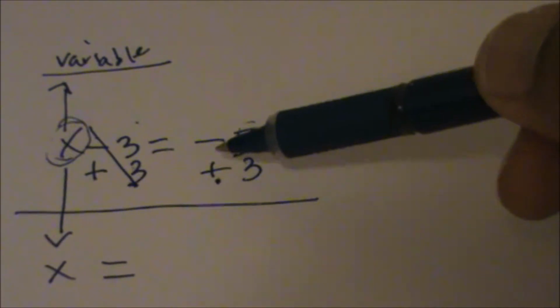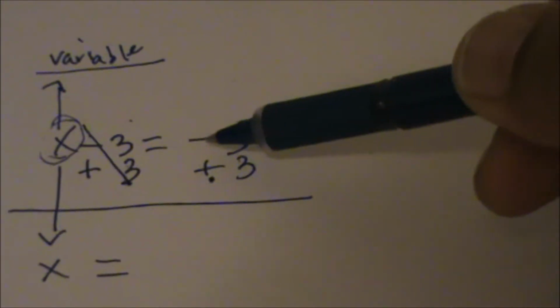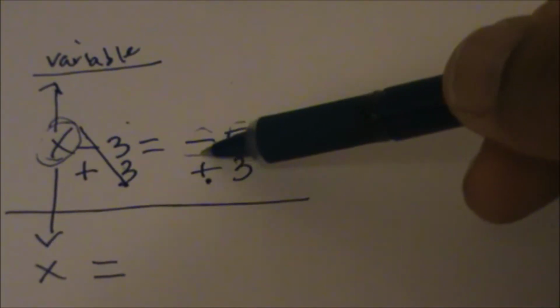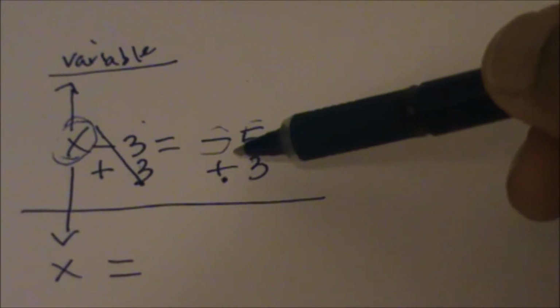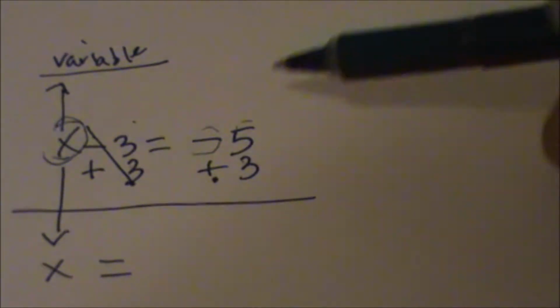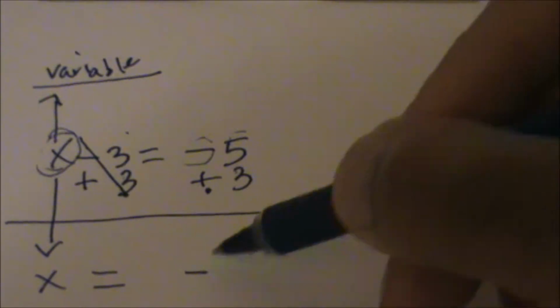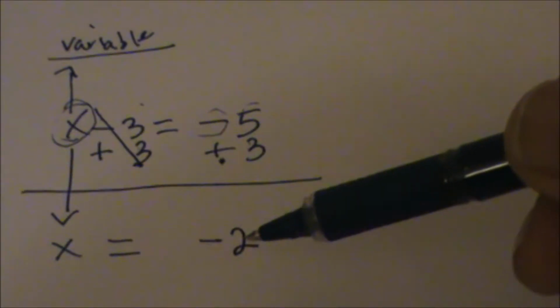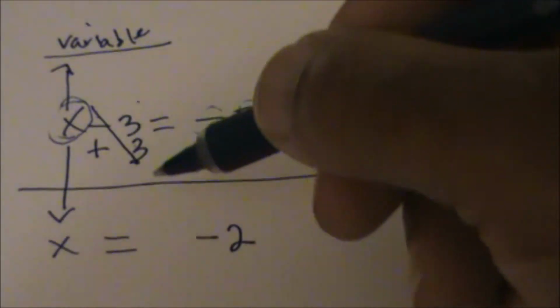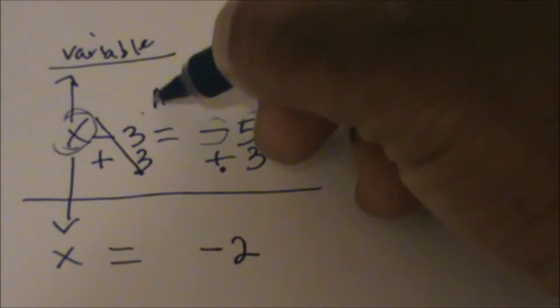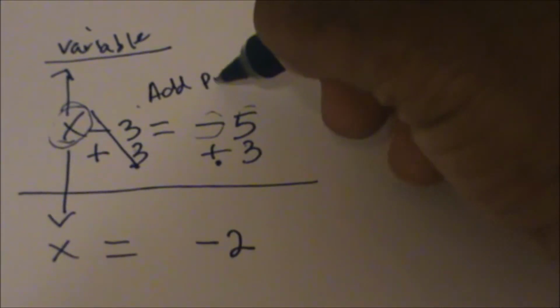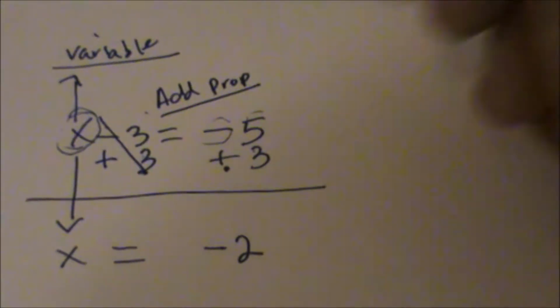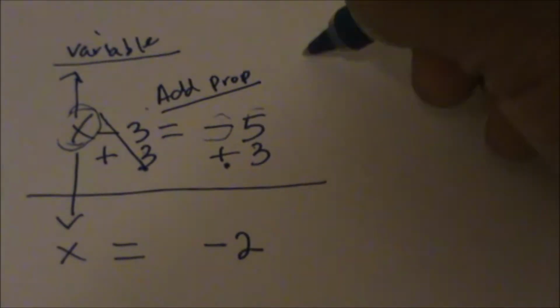That means there's going to be a difference, and the difference will be the sign that has the most quantities. In this case, negative will be the leftover, and the quantity will be 2. So x equals negative 2. And I used the addition property. All right. Okay, here's another one.